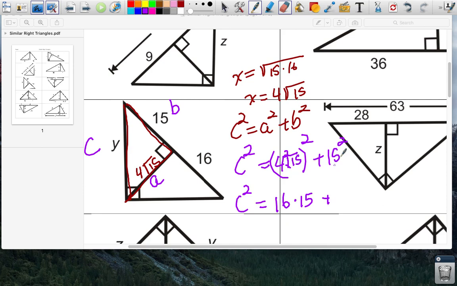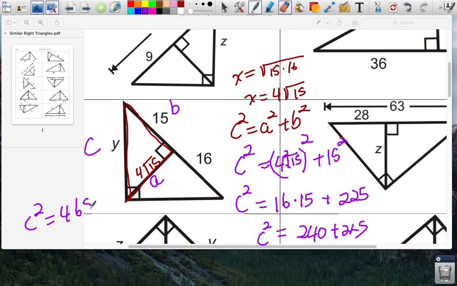And then plus 15 to the second power is 225. c squared equals, I can use a calculator. 16 times 15 equals 240. 240 plus 225 is going to give 465. We take the square root of that. c equals the square root of 465.